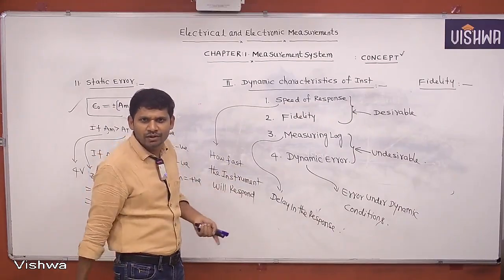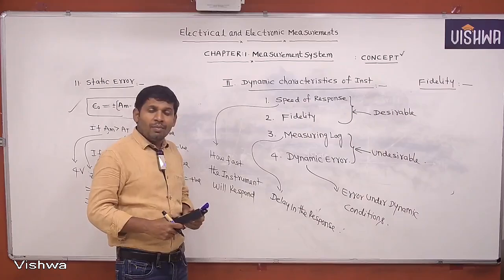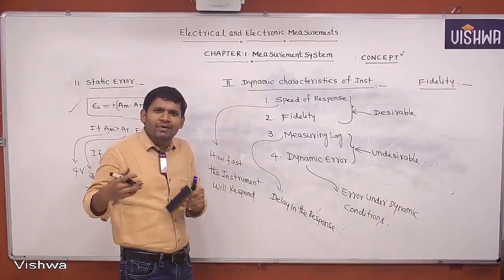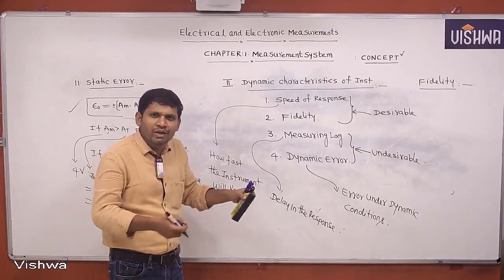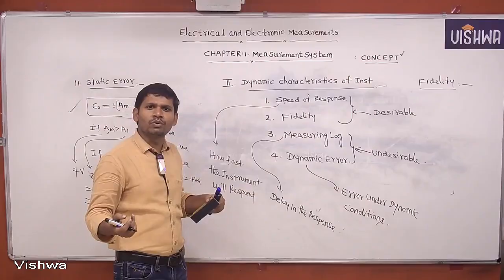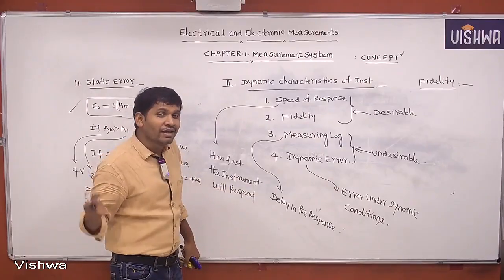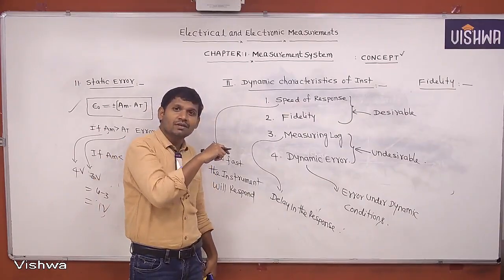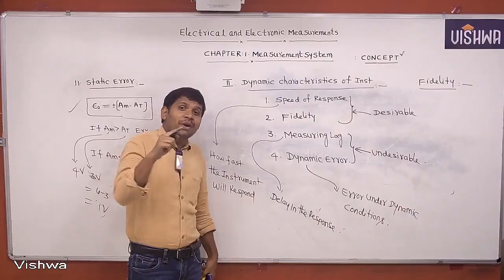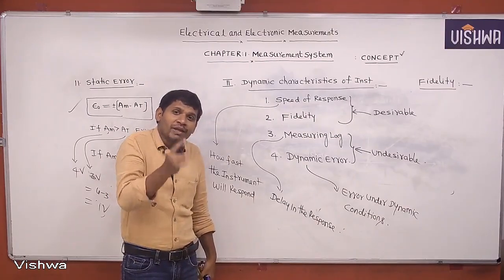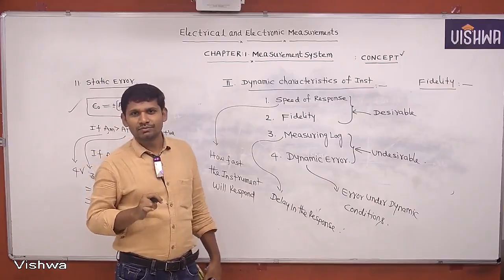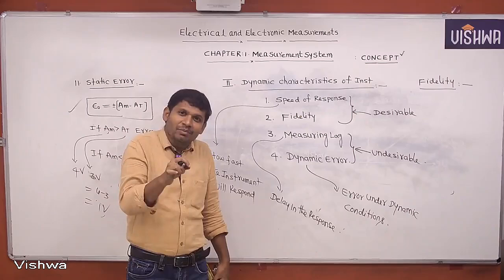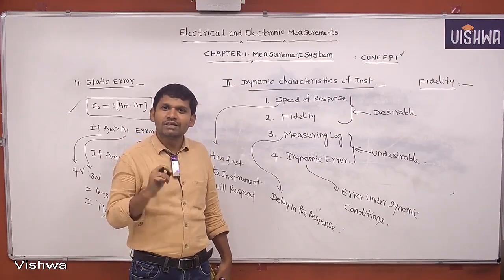But if every time the instrument responds fast but shows the wrong reading, giving input and getting output but the meter shows the wrong reading, is it acceptable? No. Then what does fidelity say? The instrument must respond very fast, but at the same time the error should be minimum. That is the fidelity of an instrument.